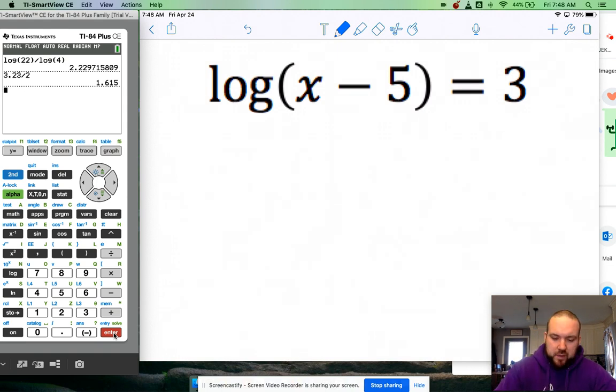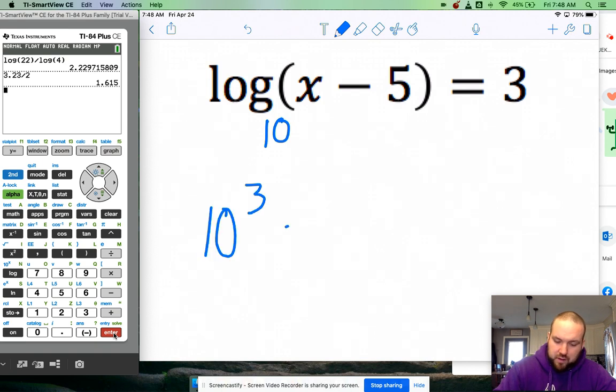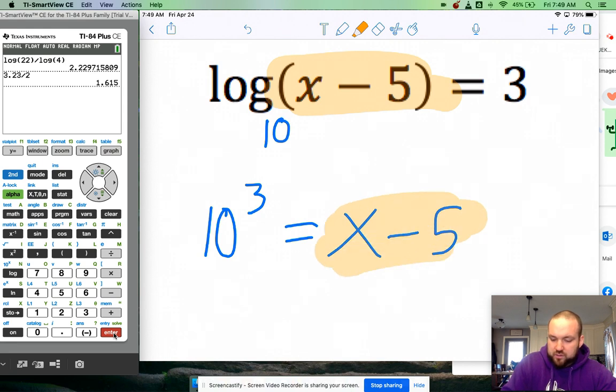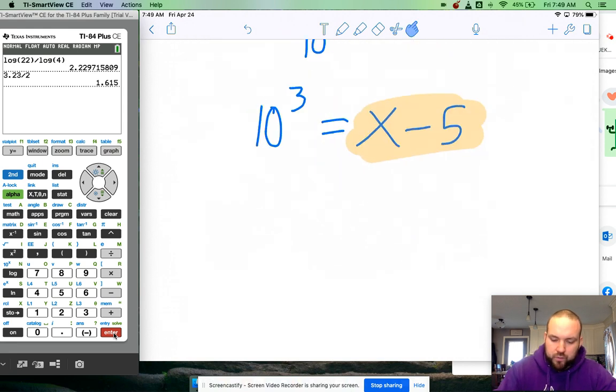This one does, but remember, if it's not written, it's base 10. So the only thing that should be on the right side of the equation is whatever's in the parentheses with the log.